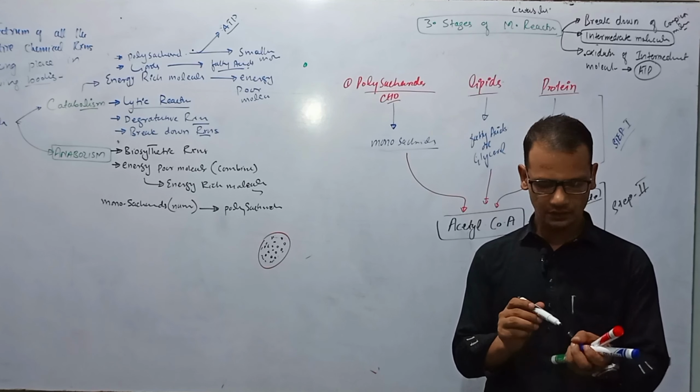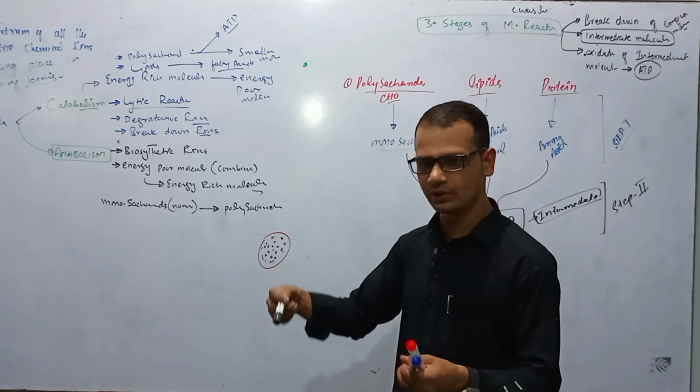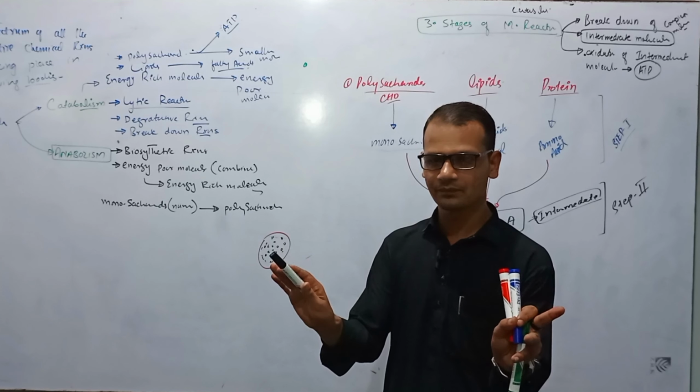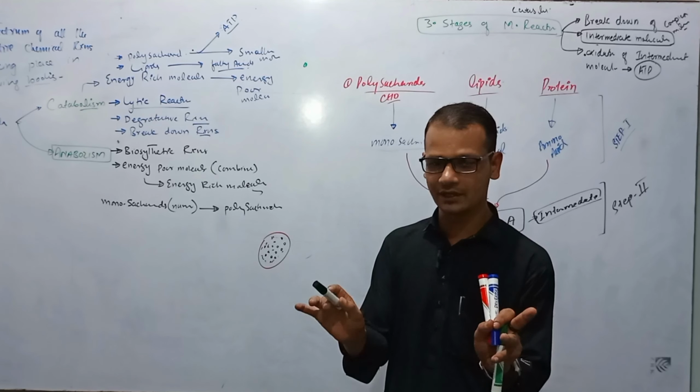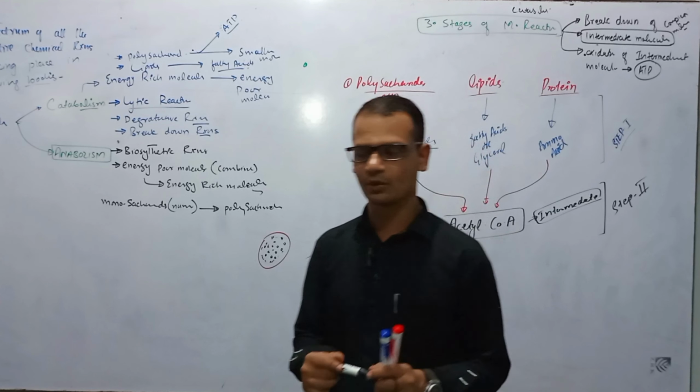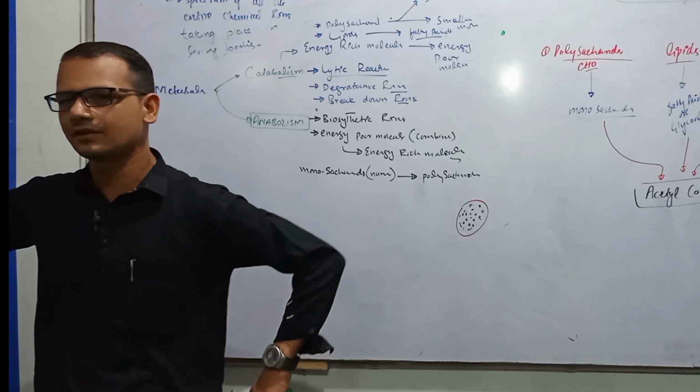So these are the two unique points about RBCs, that RBCs don't have a nucleus as well as mitochondria, right? But there is a very important question: if RBC doesn't have mitochondria, then how is ATP synthesized in this cell?